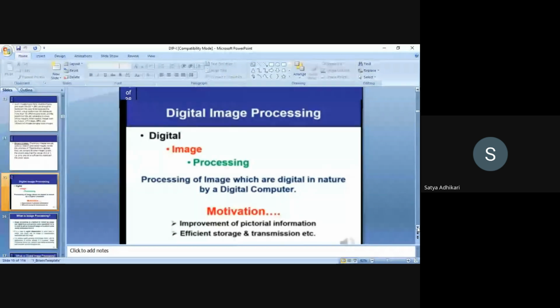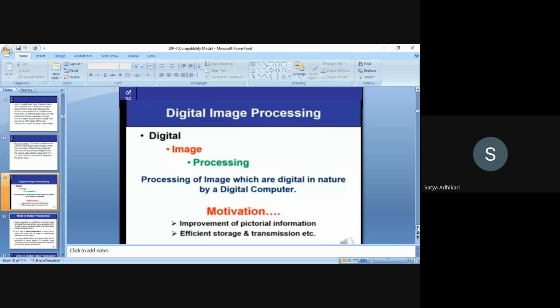So DIP is processing of a digital image, which is digital in nature, by a digital computer. Take a small example. Suppose you are capturing a picture with your phone camera.